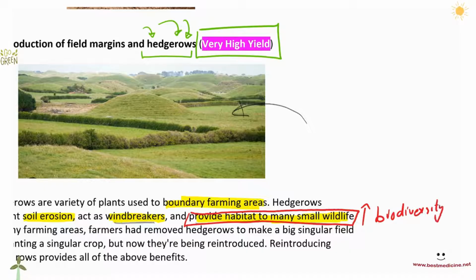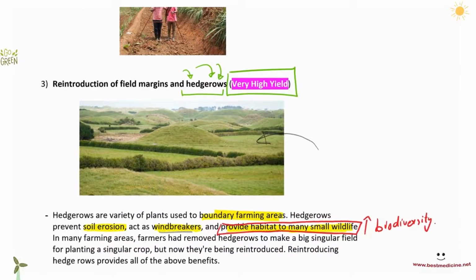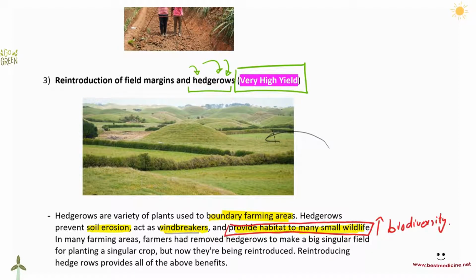And if you remove hedgerows, that is going to decrease the number of organisms that used to live in those hedgerows, resulting in decreased biodiversity. Back in the day, in many farming areas, farmers removed hedgerows to make a big singular field for planting singular crops. But nowadays they are being reintroduced for the above benefits.